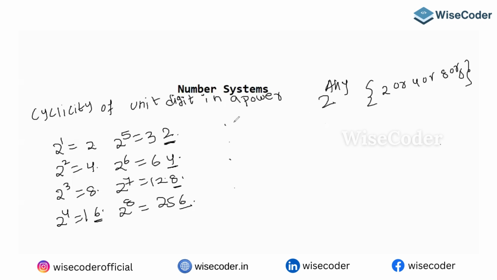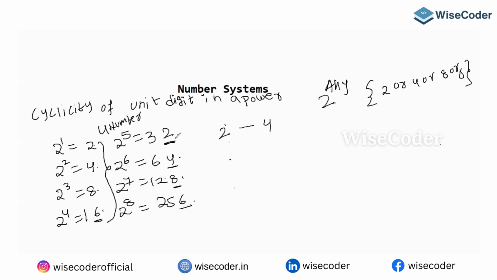So what you need to understand here? After how many numbers is the same number repeating? Every four numbers the same number is repeating. So can I say the cyclicity of 2 will be 4? Yes or no? The cyclicity means after how many times the number is repeating.